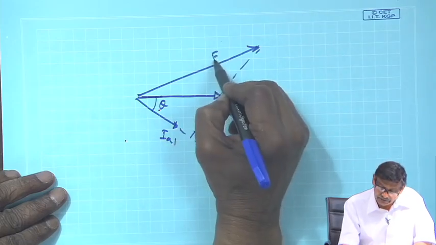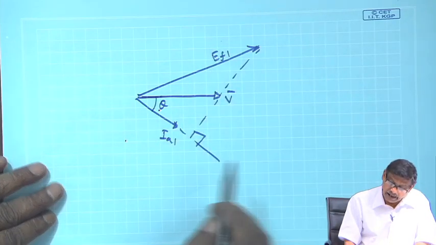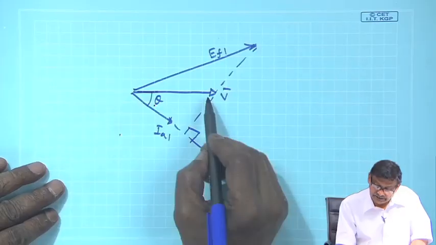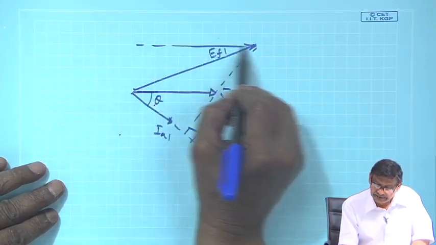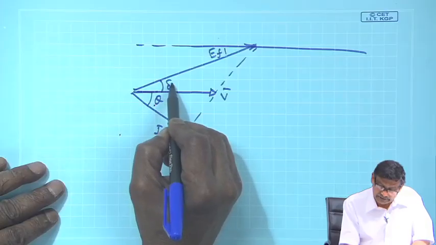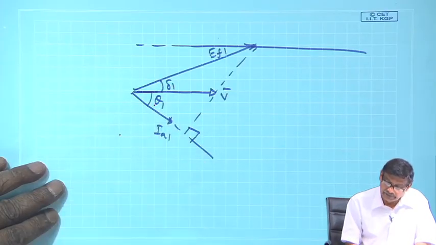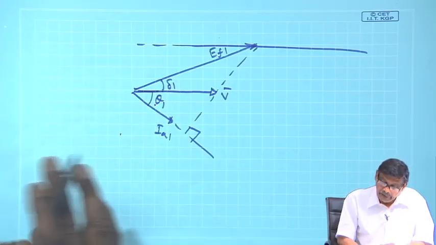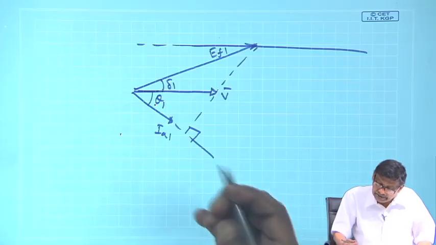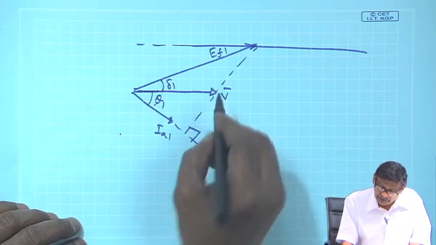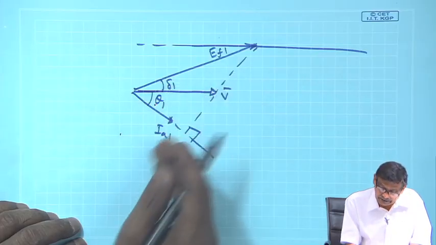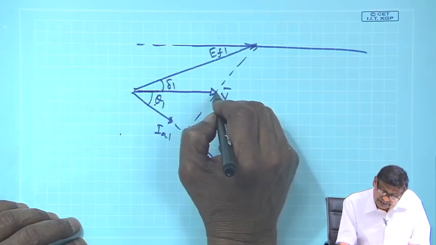This is the E_f sin delta business, this is delta 1 and this is theta 1.